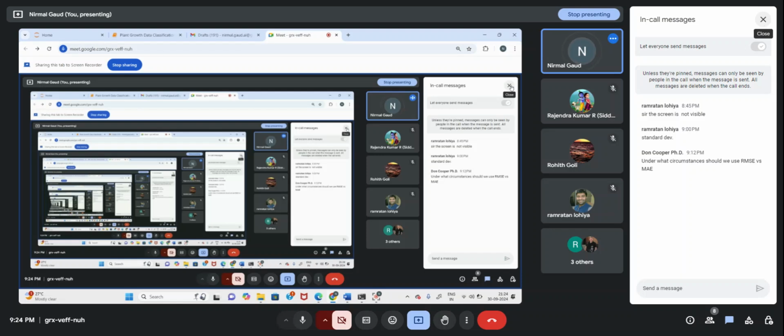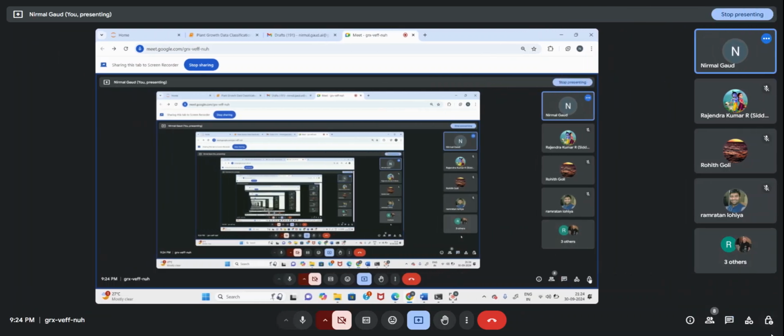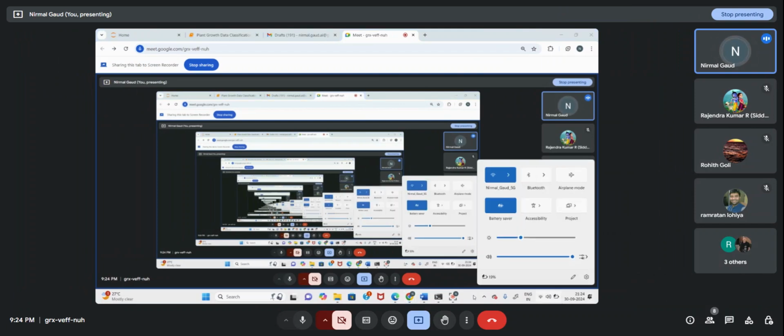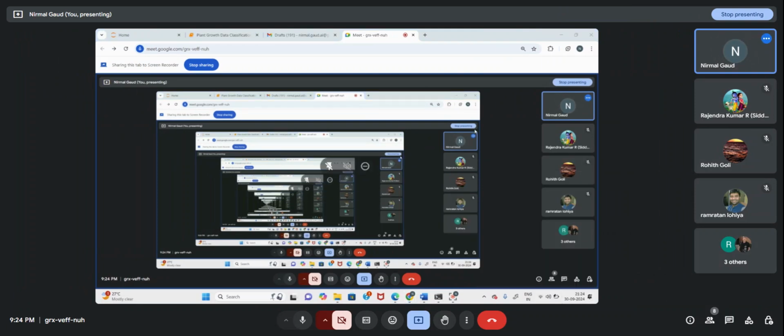And in what circumstances can you use RMSE versus MAE? As I already told, if MSE is more, then you try RMSE. And if you think that RMSE is not good enough, its value is also more, then apply MAE.